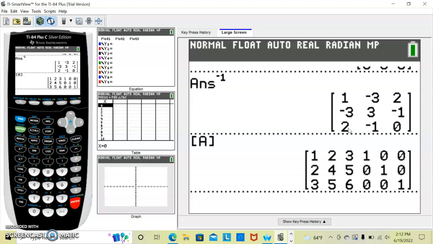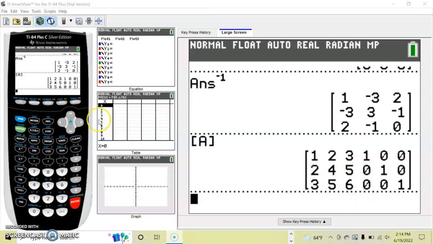So in order to start, first step, I'm going to take this row 1, multiply it by -3, and add it to row 3, so that I can get these first 3 bottom entries to start looking like 0, 0, 1.